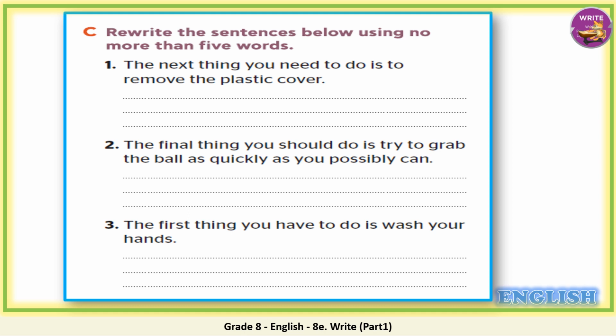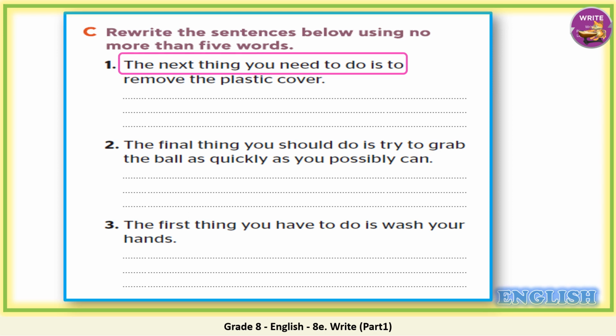So, number 1. The next thing you need to do is to remove the plastic cover. We need to write the sentences using no more than 5 words. Use just 5 words. So, how can we do this?